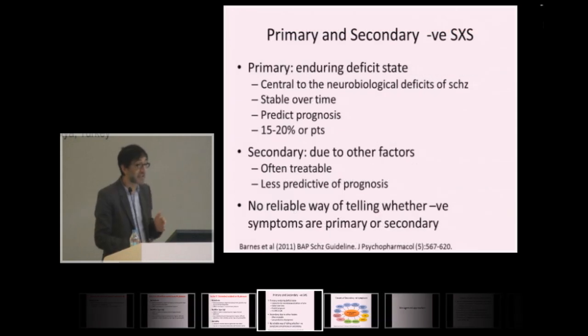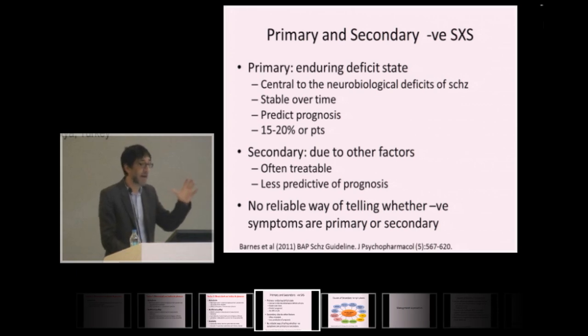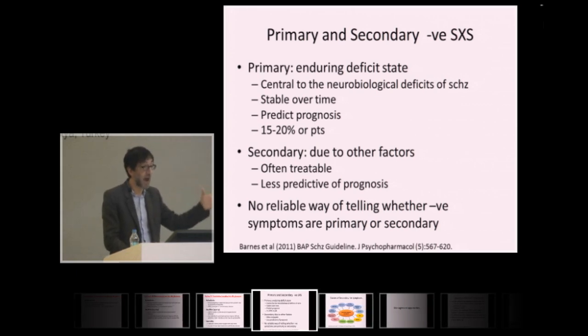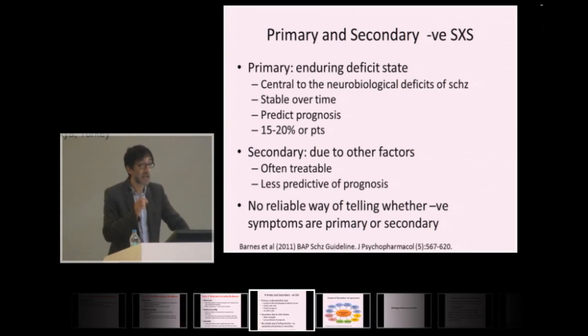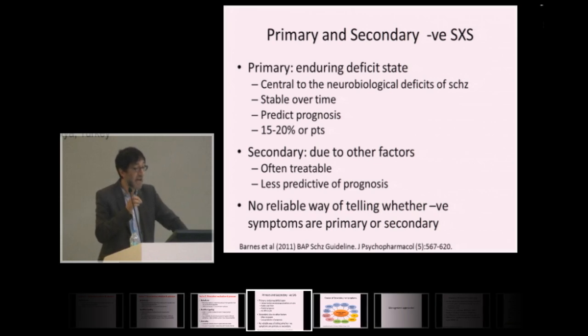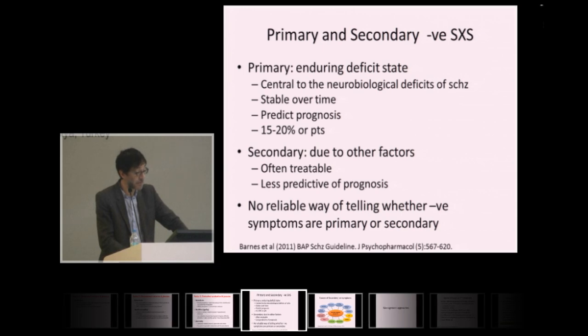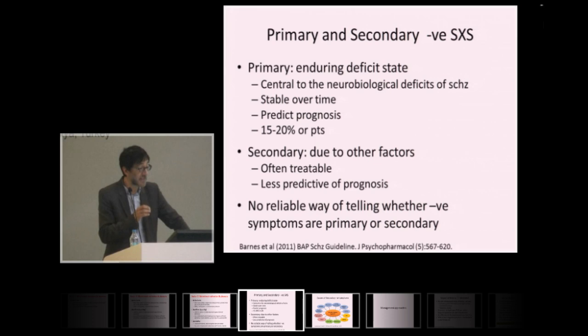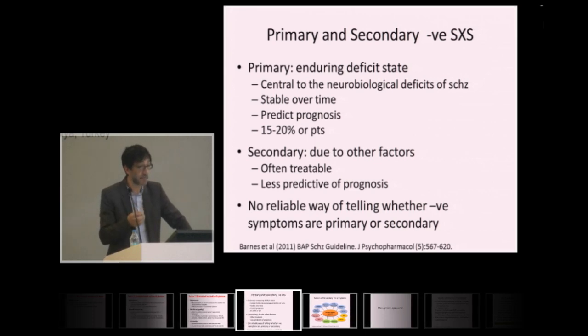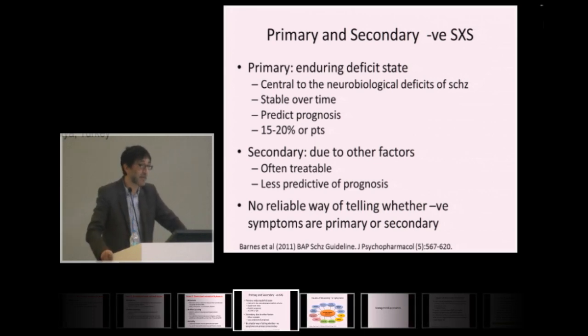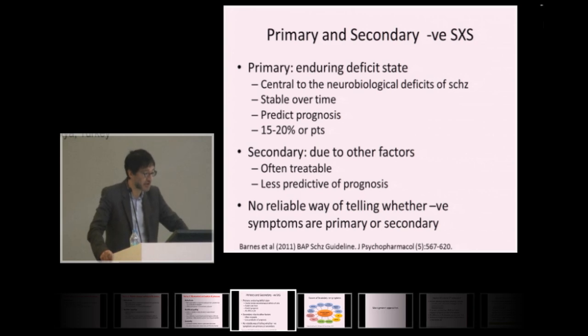An important conceptualisation is to divide negative symptoms into those that are primary and secondary. So primary negative symptoms are central to neurobiological deficits of schizophrenia. These symptoms tend to be stable over time and predictive of prognosis, and they're seen in about 20% of patients.